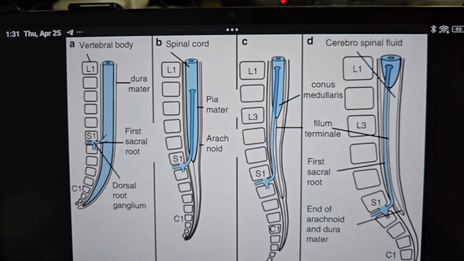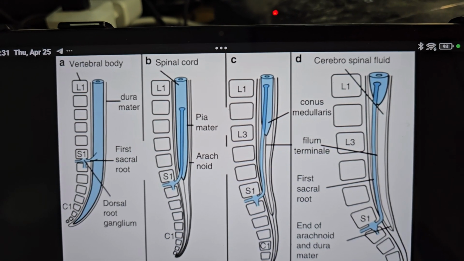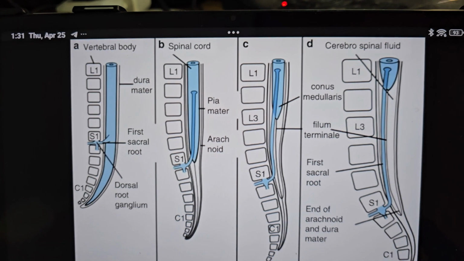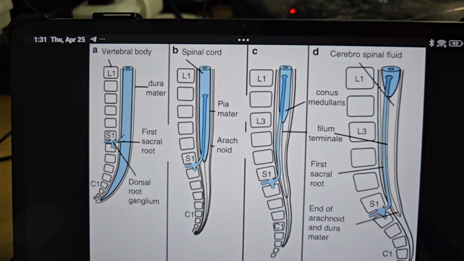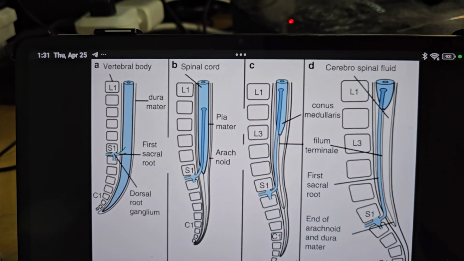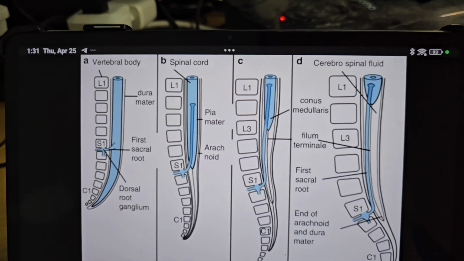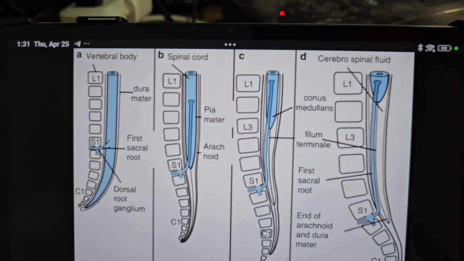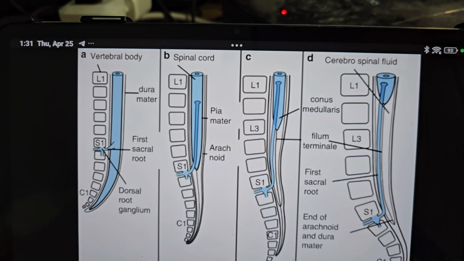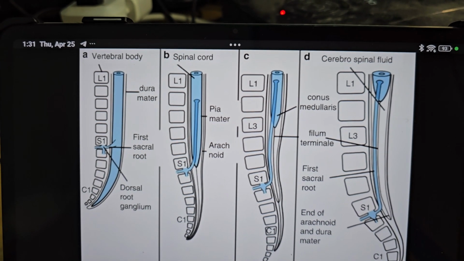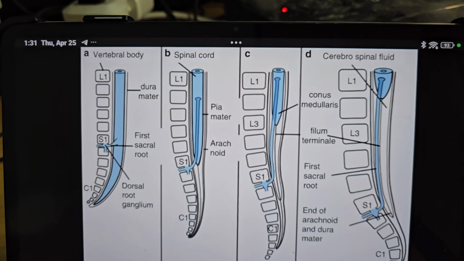The equinovarus deformity, hip subluxation and sphincter dysfunction may be difficult to discern in the young patient less than 1 year of age. But anorectal malformation in addition to lower extremity deformity should raise the suspicion for tethered cord syndrome.